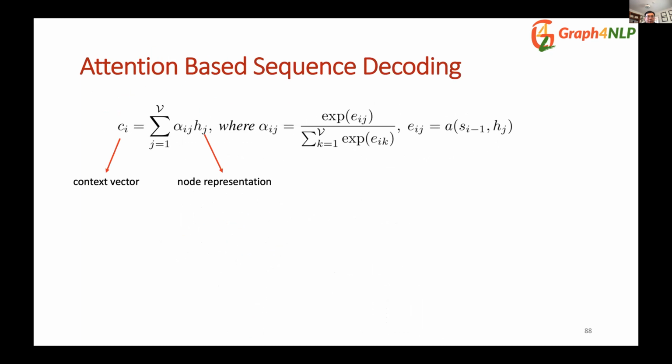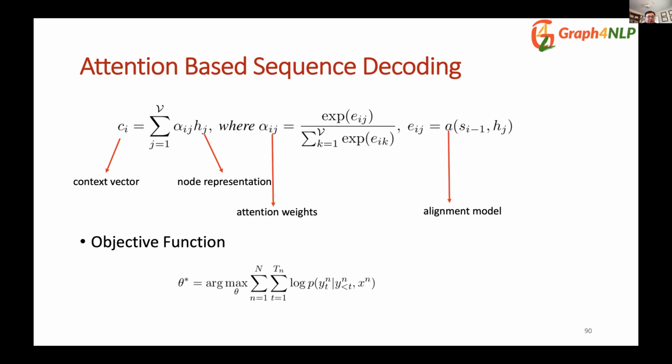So this is attention-based sequence decoding. For people who are already familiar with this type of method, these terms should be very familiar. Essentially, the context vector is used to compute weights against each of the graph inputs, and then a weighted average is used to recompute the new context vector, which is used to decode the token.